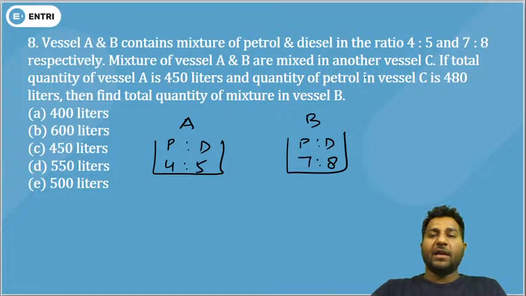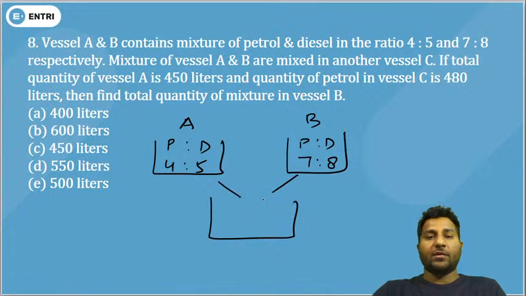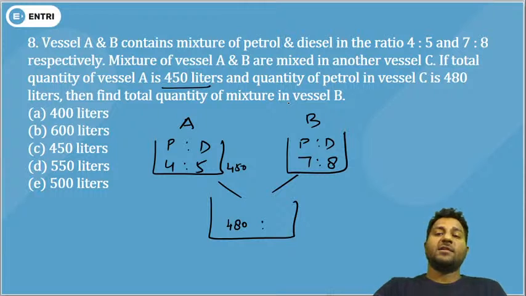Mixture A and mixture B are mixed in another vessel C. If the total quantity of vessel A is 450 liters and the quantity of petrol in vessel C is 480 liters, then find the total quantity of mixture in vessel B.